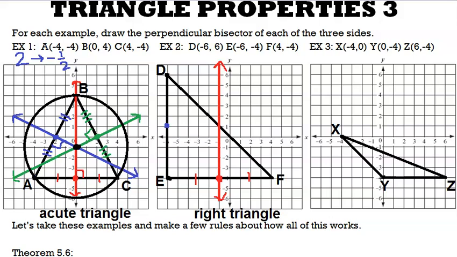Now, the reason I like dealing with the right triangles is because now we also have a vertical line, and what's perpendicular to a vertical line? Well, it's going to be a horizontal line. So the second perpendicular bisector is actually also super easy to draw, and we only have one more to go.